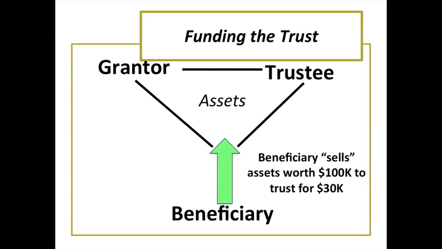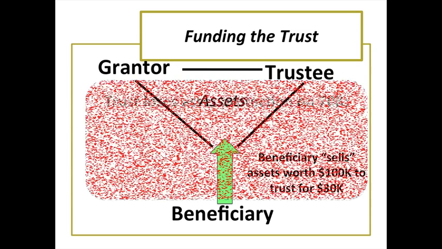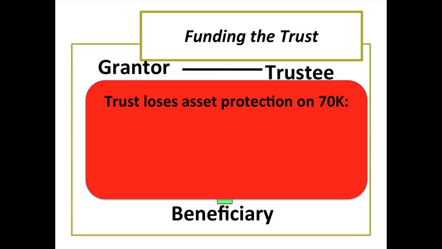Everything you do has to be on a commercially reasonable basis. If the asset's worth $100,000 and you only get $30,000 back, we're not going to have asset protection. Why? Number 1, they're probably going to consider you a grantor of the trust for up to that $70,000 portion.